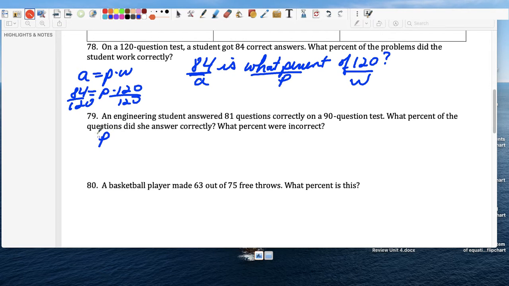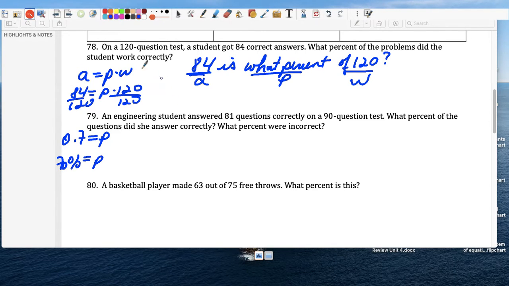You've got to get the percentage. So we get 84 divided by 120 equals 0.7 as a decimal. So you can multiply that by 100, and you're going to get 70%.